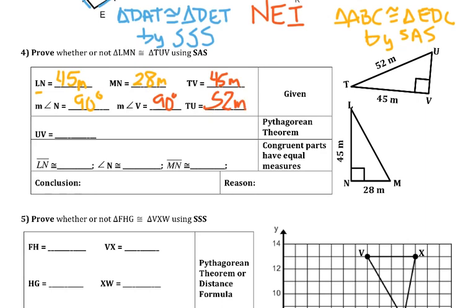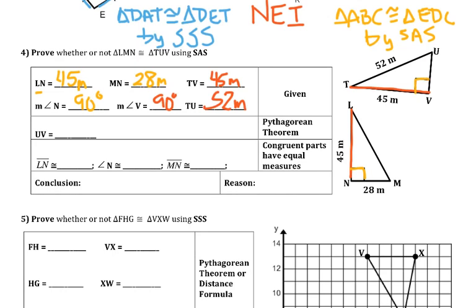So the next thing we want to do is figure out what the length of UV is. The reason we want to figure this out is because we have some corresponding congruent sides. We have LN, which is congruent and corresponding to TV. We also have angle N and angle V, which are also congruent.